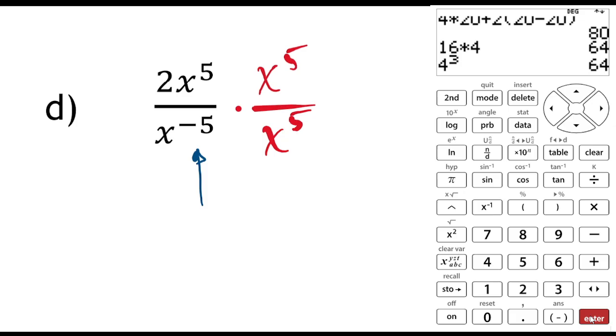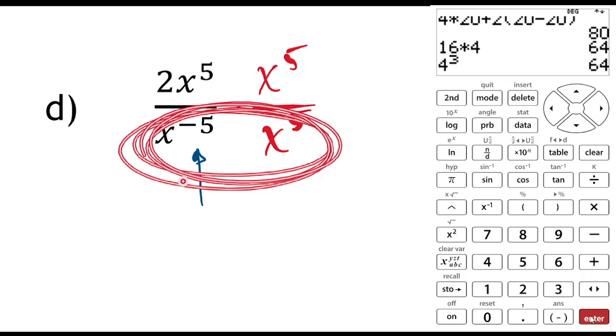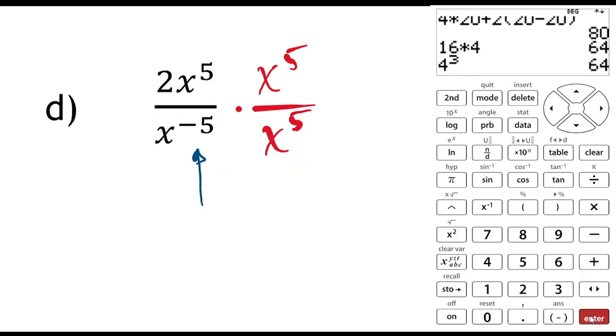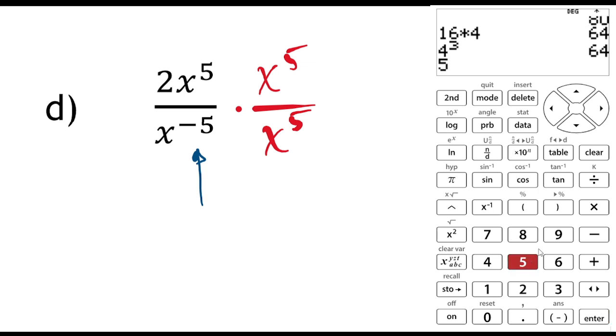All right, so big idea right here. These two things, when I multiply them together, that's x to the 0 power, and x to the 0 power equals just the number 1. Another way to think about this, if you take any number, I don't care what it is, like the number 5, and I divide by 3, divide by 3, divide by 3, and then I multiply by 3, multiply by 3, multiply by 3.